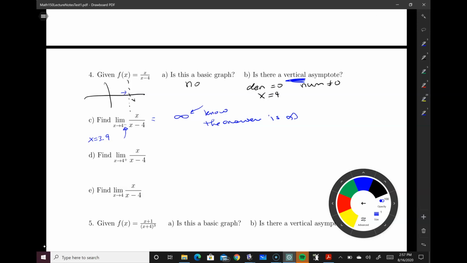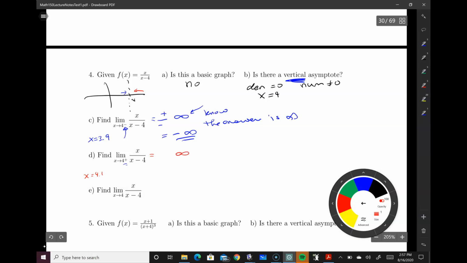So if I put in 3.9 here, I get a positive. And if I put in 3.9 in here, 3.9 minus 4, I get a negative. So all told this gives me negative infinity as an answer, because I know the answer is infinity if I'm moving towards a vertical asymptote. Let's do this again. If I'm moving towards 4 from the positive side, I'm going to choose a number like 4.1.